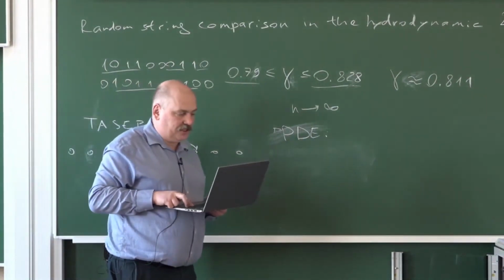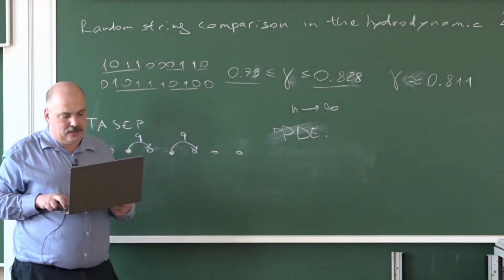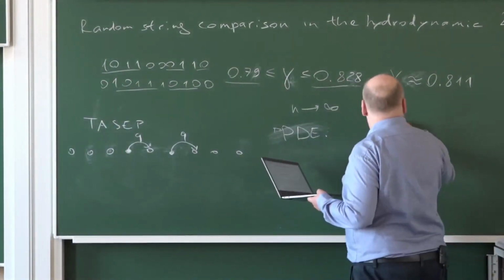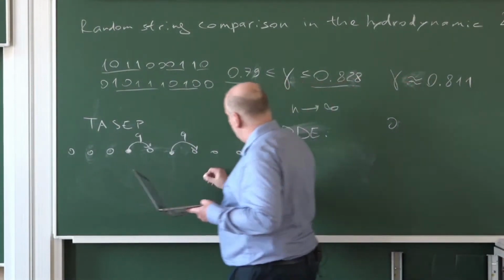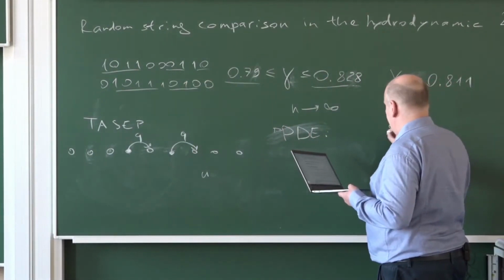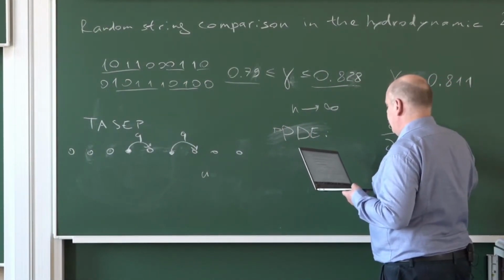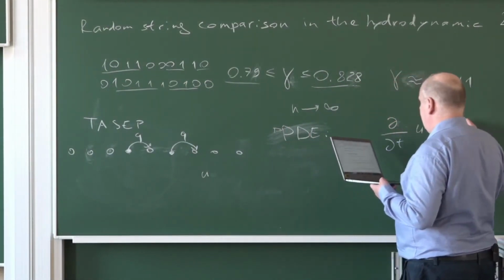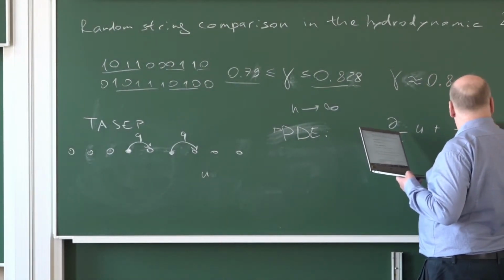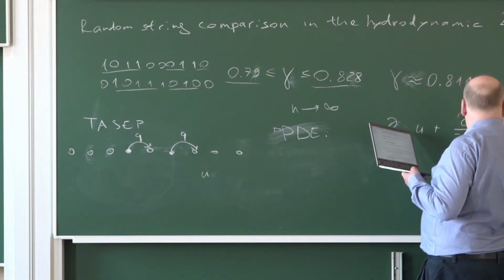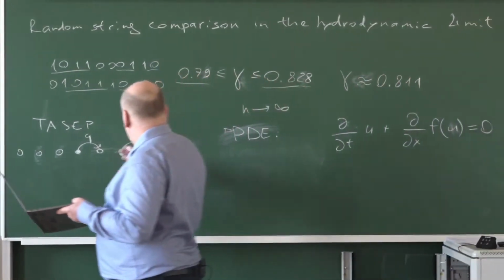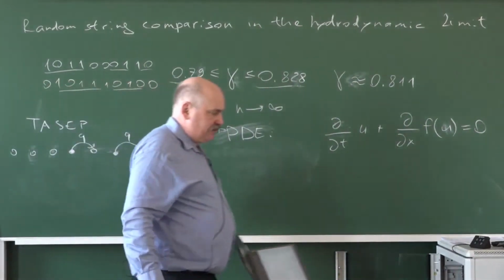So we need some conservation law, and in general it has the form of, let's call u the density of the particles, the time derivative of u plus the spatial derivative of the flux being equal to 0, where the flux is the rate with which the particles jump.